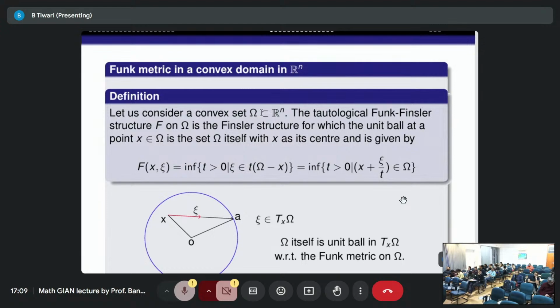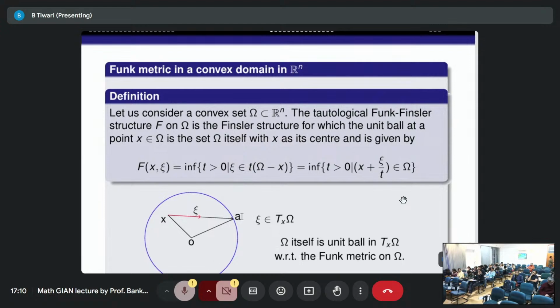So this omega is a convex set, and at each point of omega you can think of this omega itself as a unit ball in the tangent space of that particular point, right? So for the moment you can assume this convex set as a unit ball.